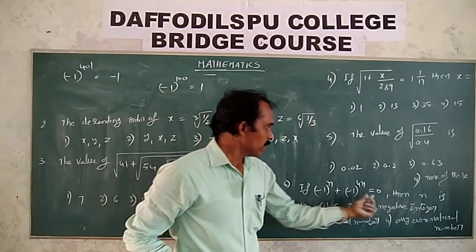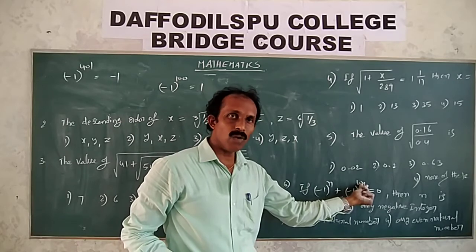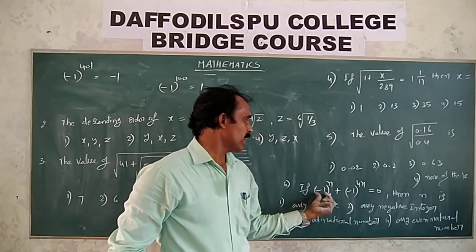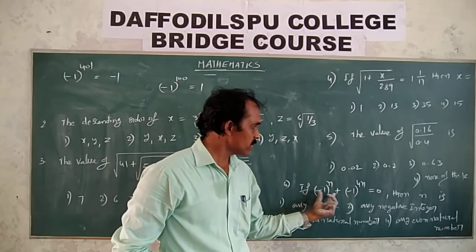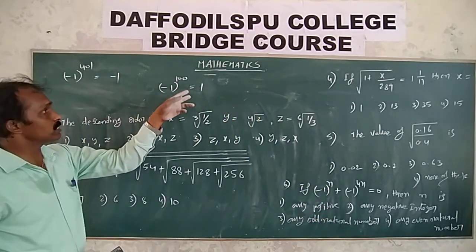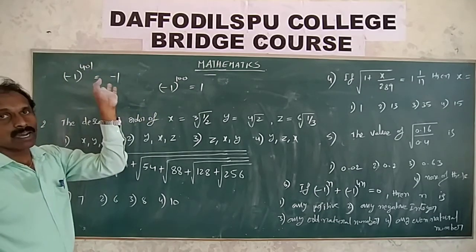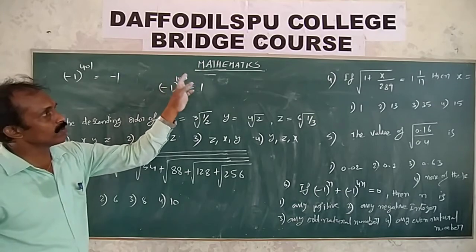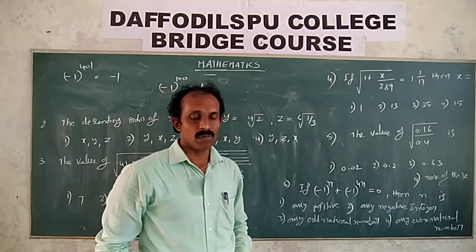Here minus 1 to the power of 4 into something is always an even power, no problem. Minus 1 to the power of an even number is plus 1 and minus 1 to the power of an odd number is minus 1. Use that concept to find the option.